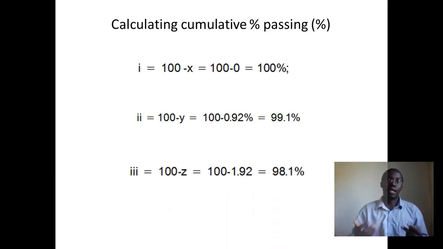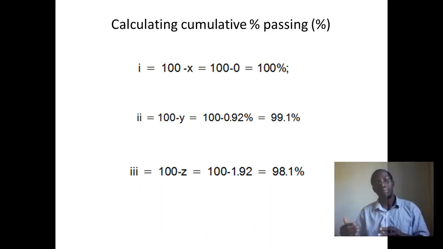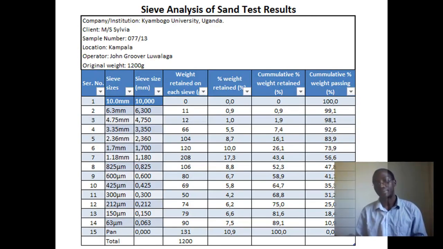And Roman number 3 is 100 minus Z, which is 100 minus 1.92, which is equal to 98.1%. Now, when you look at the table, these are the results which we have been calculating. Using the above examples, the table can be filled as seen.